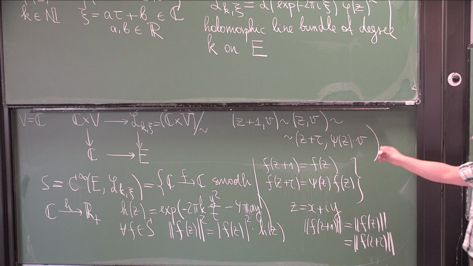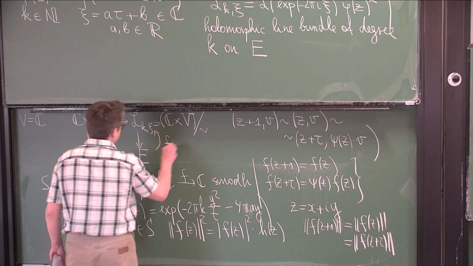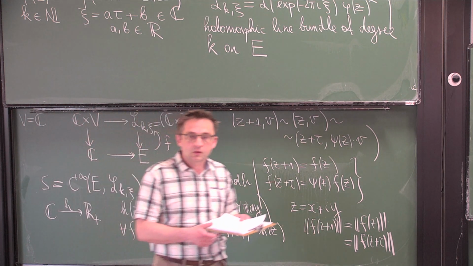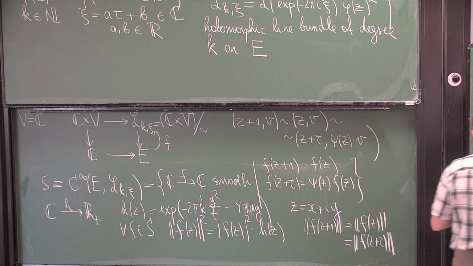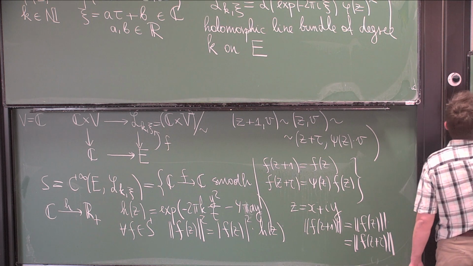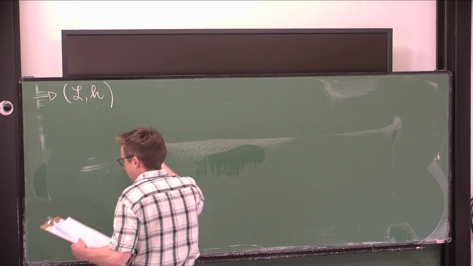Which means that for any section f here, for any point of my torus, I have well-defined lengths of the section, which allows to conclude that L is a Hermitian line bundle.